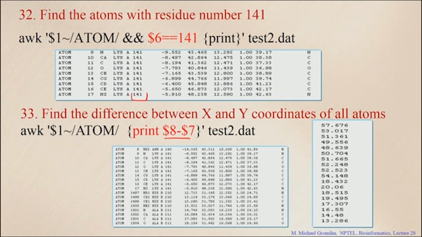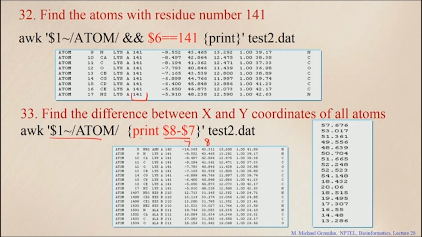Here this is 1, 2, 3, 4, 5, 6, 7, 8, right. So, to get the difference between these 2 columns, because this is the coordinate, we put ATOM. So, print $8 minus $7, otherwise this will work, print $8 minus $7, this will also work in this file.